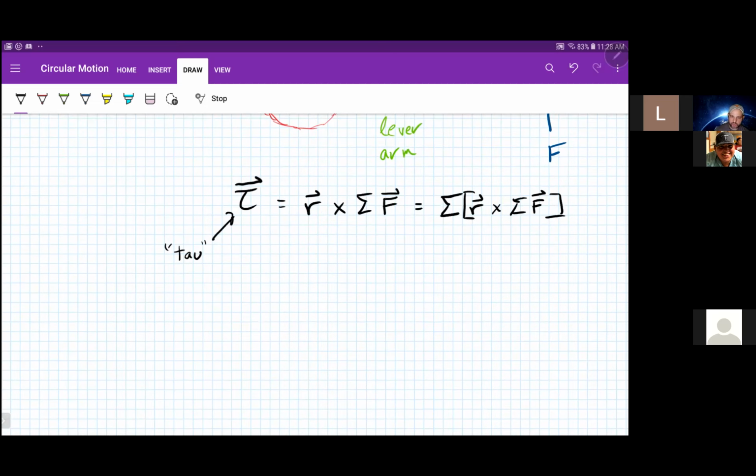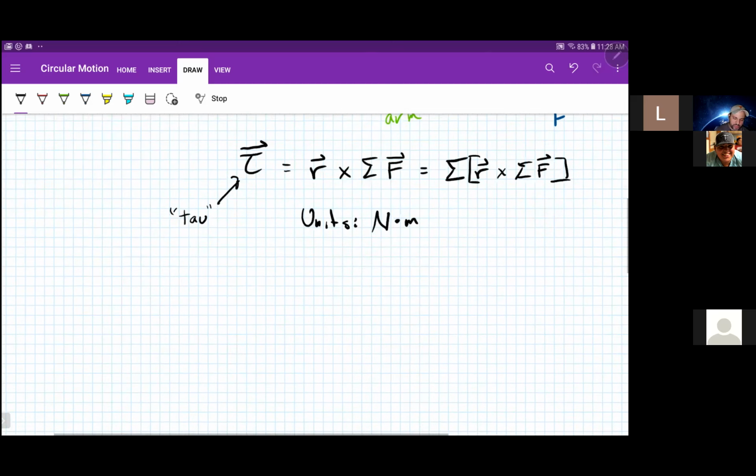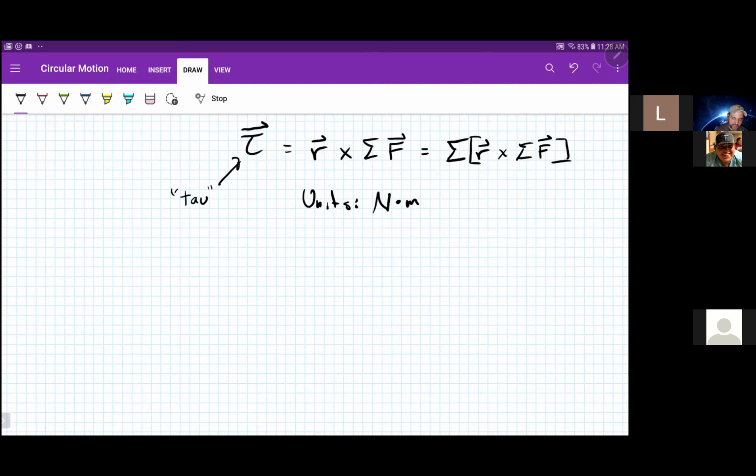We can take it down to a scalar, which we'll do in a little bit. The units are the Newton meter. And the direction of the torque is found using the right-hand rule.